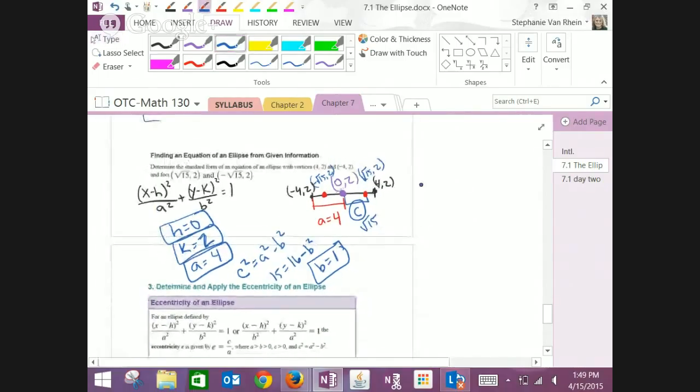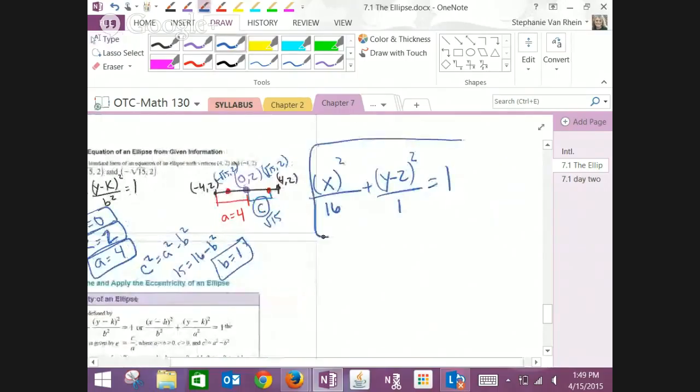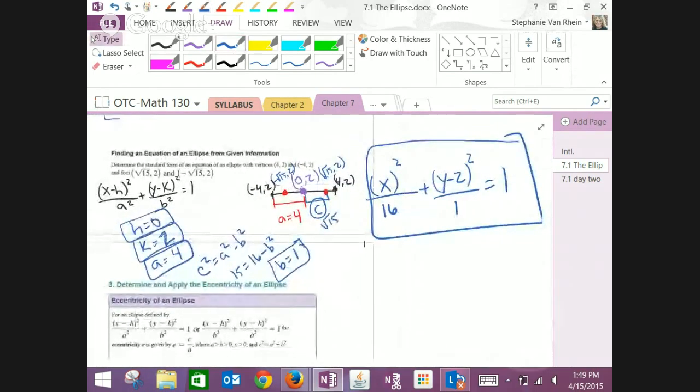So plugging in that standard form, I have x squared divided by 16 plus y minus 2 squared over 1 equals 1. So you see that? Given the information, I can find what a is, find what c is, use that formula to find b, and then h and k from the center point, and get the general form.